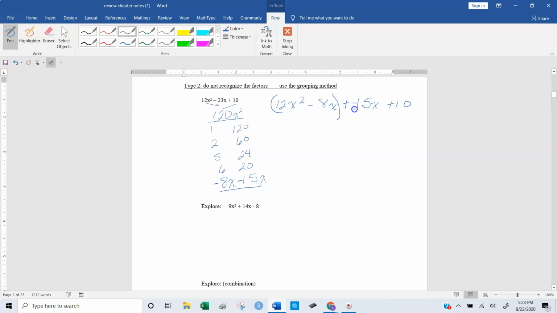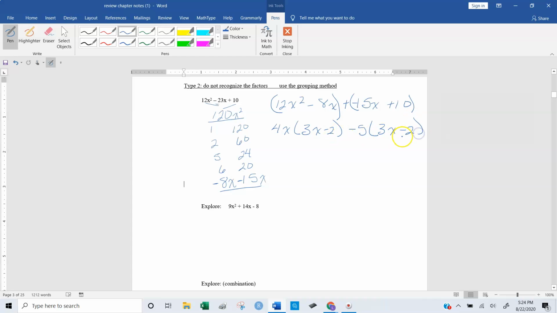So make that plus a negative so you do not lose your signs. Now you're back to just taking out what they have in common, which is your 4x, giving you 3x minus 2. And over here you have a negative 5 to take out, and that also gives us 3x minus 2.